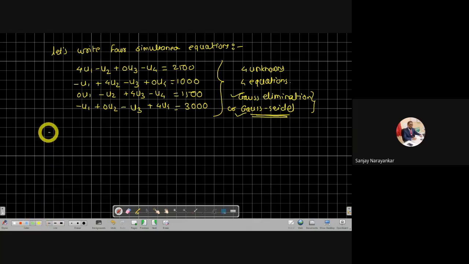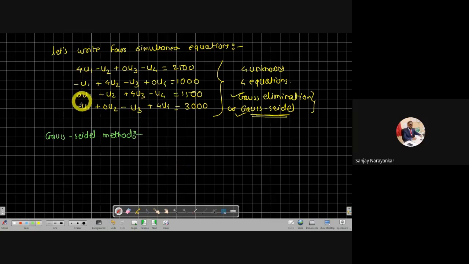Let us use Gauss-Seidel. It's a kind of revision for Gauss-Seidel as well, students, for those who are attending this first time. In Gauss-Seidel, first of all, what's the first step? Can you tell me anyone?